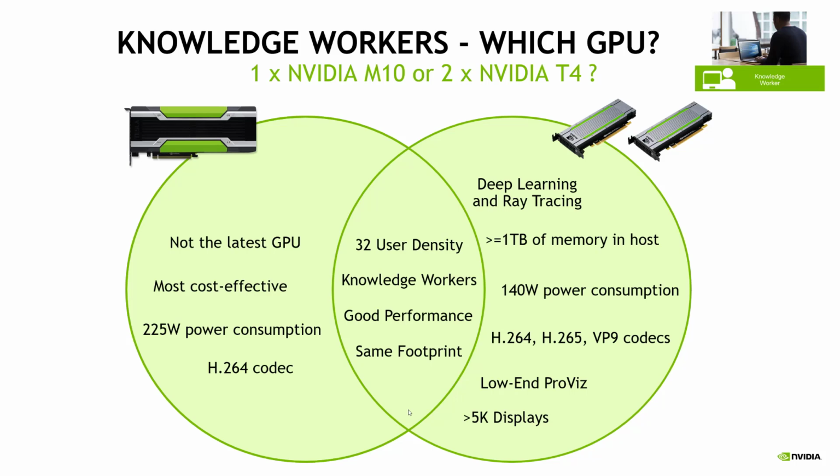The M10 has 32 gig on board, and it has 4 GPUs on that card as well, so your contention ratios can stay very good, and you can fit 32 standard knowledge workers on there. So, to sum it up, go with T4 where you can. If cost is the biggest option for you, go for an M10.